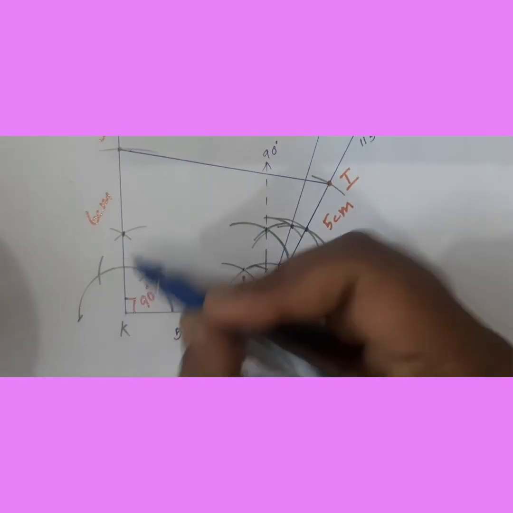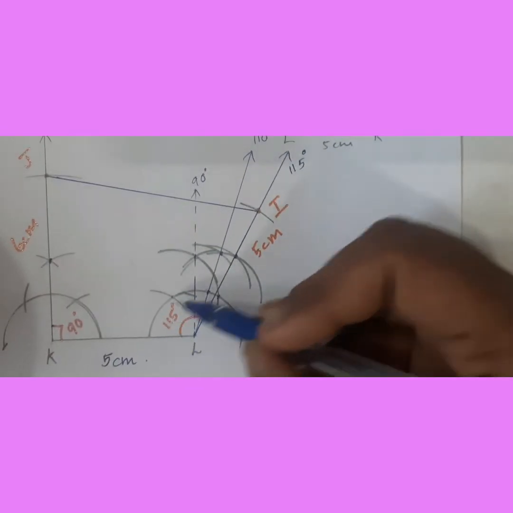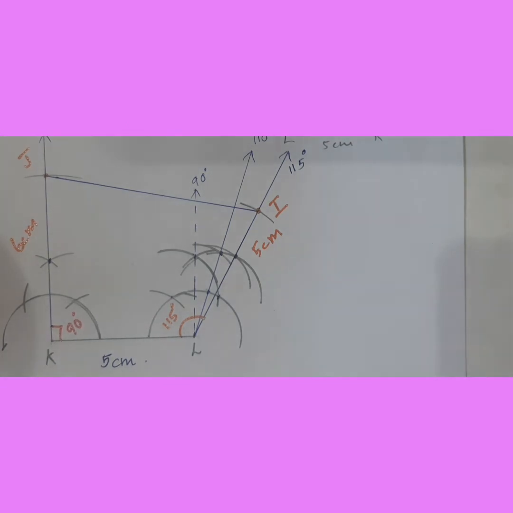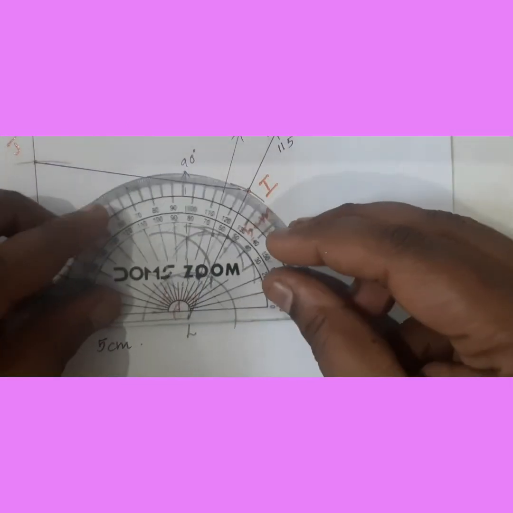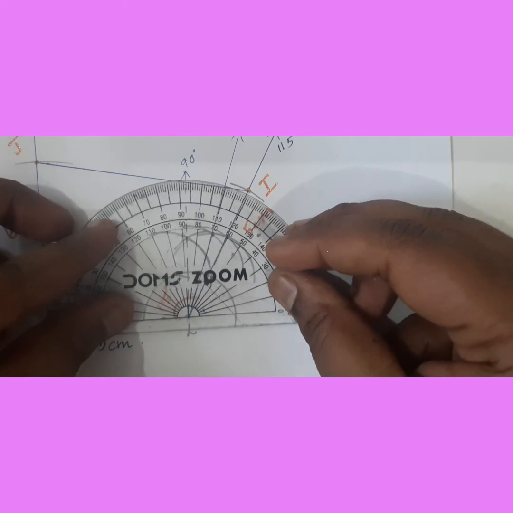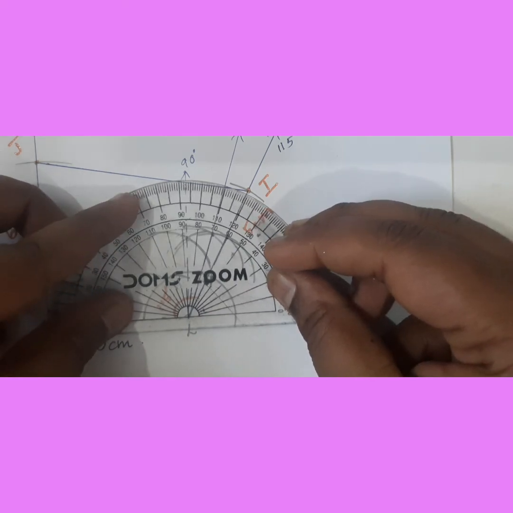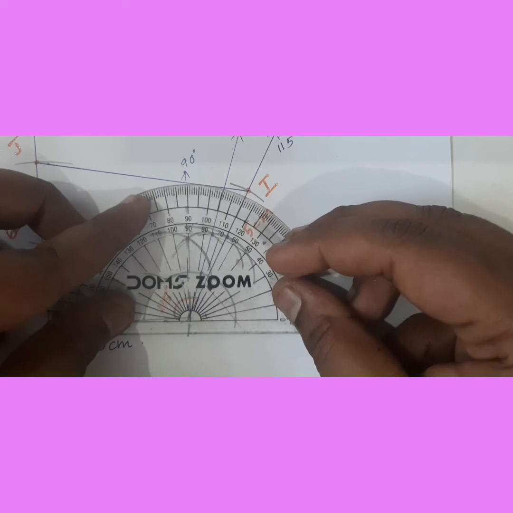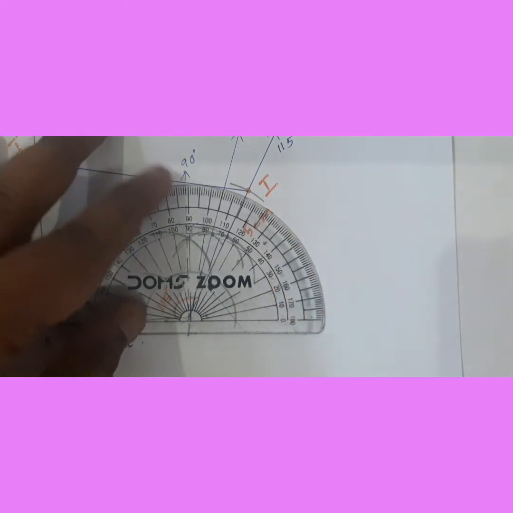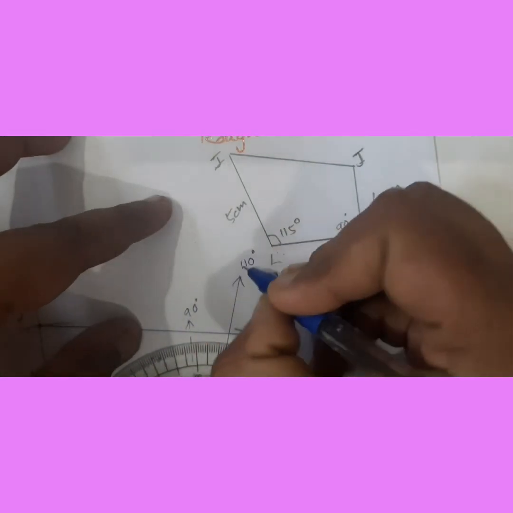Just first find out 90 degree and then find out 115 degree. First you find out 90 degree. I will show you the compass value also. See, 90 degree, this is 105 degree. Sorry, I wrote wrong.